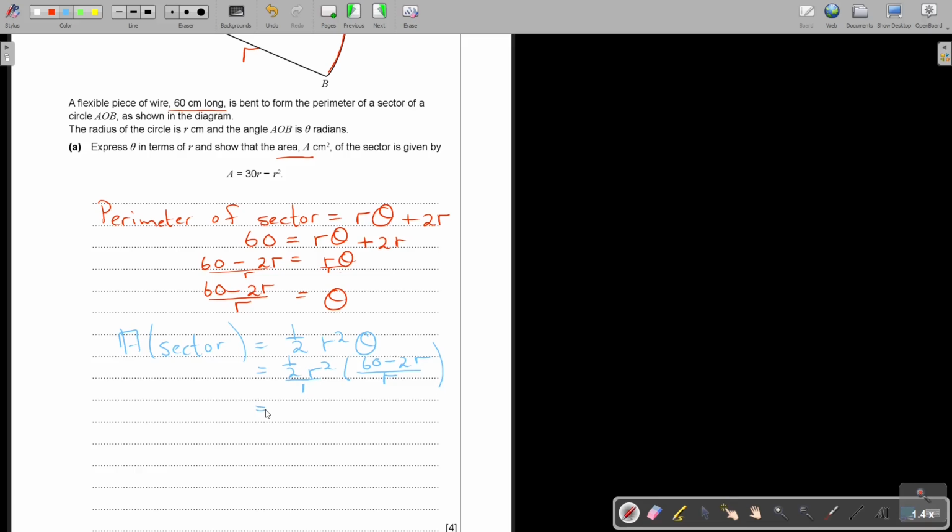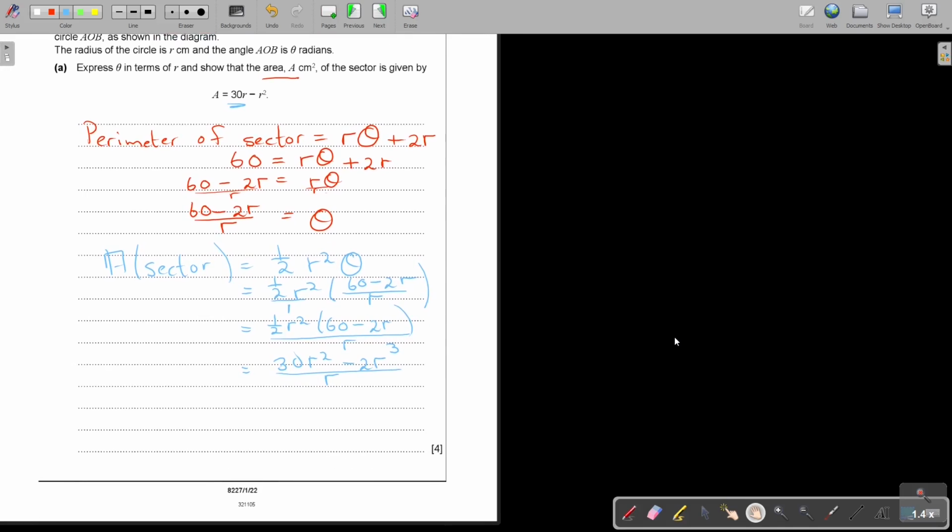I just want to show you: it's half r squared, then 60 minus 2r, and then over r. I'm putting that step in. If I multiply it in, half of 60 will be 30, and you see that's the 30 I'm looking for. Then it's r squared times 30 minus 2r over r.